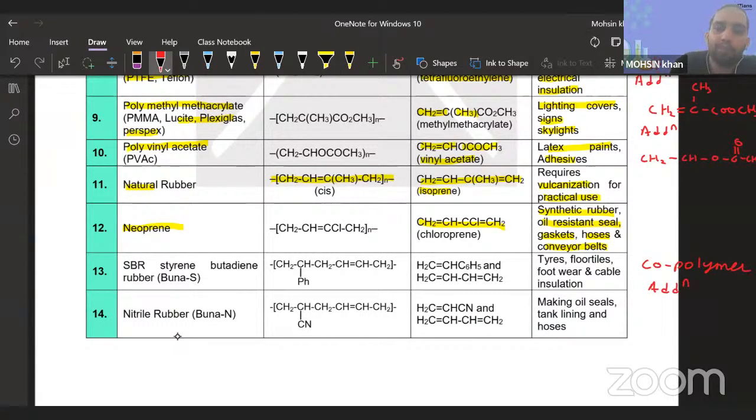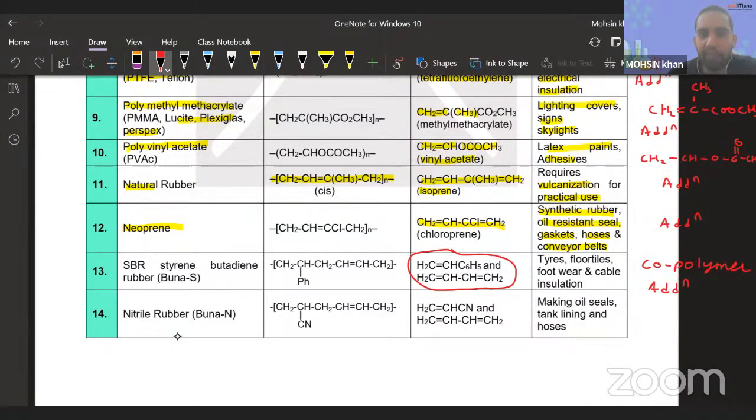Both rubbers, synthetic as well as natural, are formed by addition polymerization. Natural rubber and neoprene are homopolymers, but SBR, Buna S, is a copolymer of styrene and butadiene.